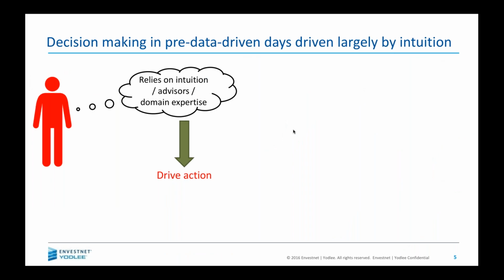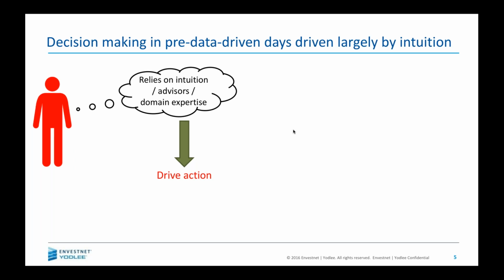Moving on, in a typical environment, in what way are decisions made? Before the advent of big data, decisions were typically driven by HiPPOs, right? Highest paid person's opinion. And it was rightfully so, because there was very little data to work with, and even fewer tools to analyze the data and come up with actionable insights.